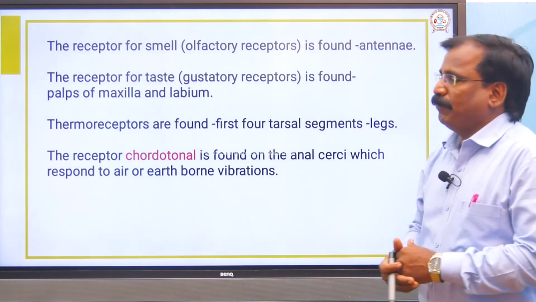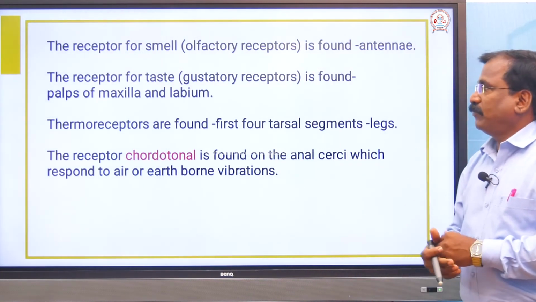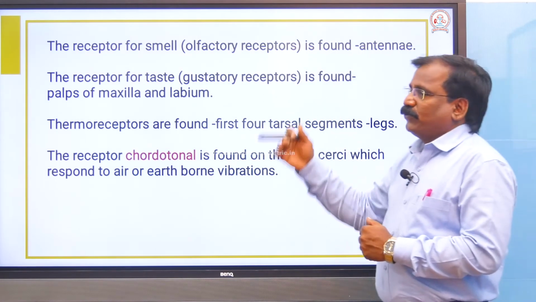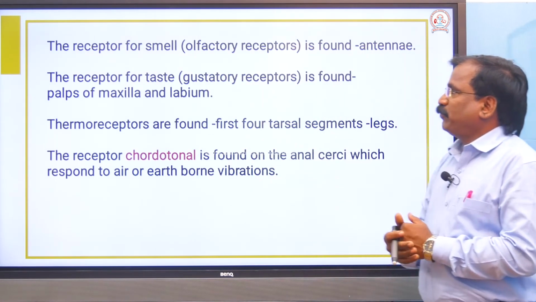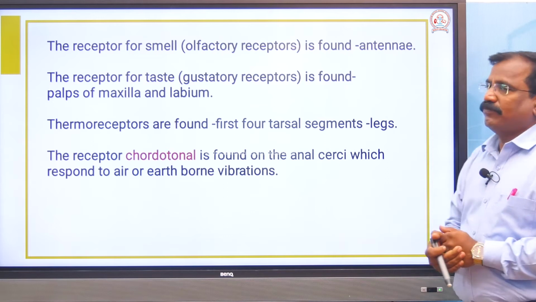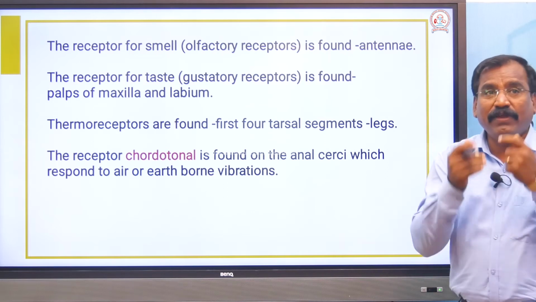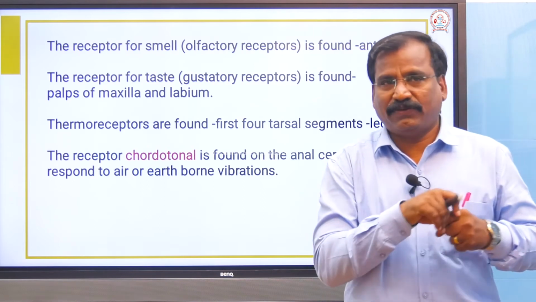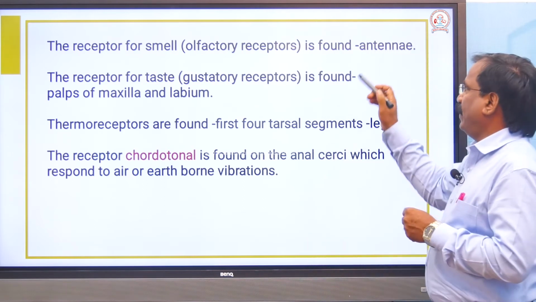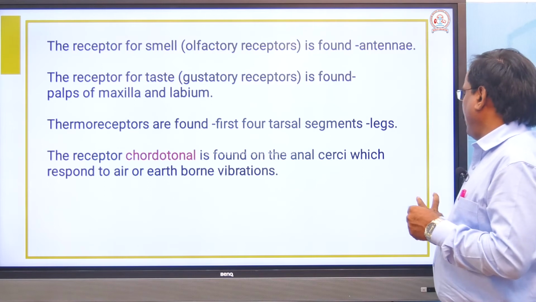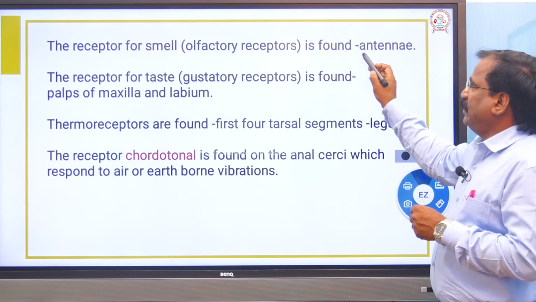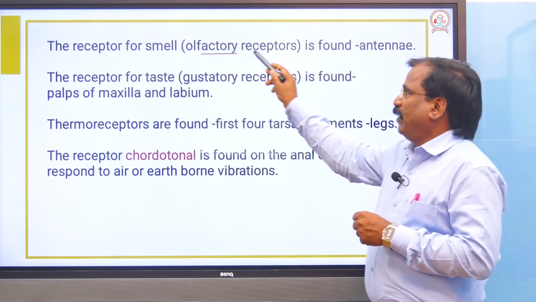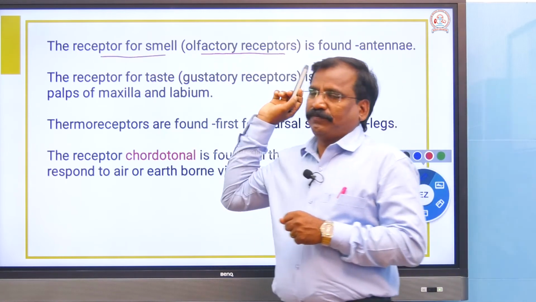Next are the other receptors. The sense of smell is through olfactory receptors. We have the nose for that, but here the antenna also acts as the olfactory receptor, the sense of smell.